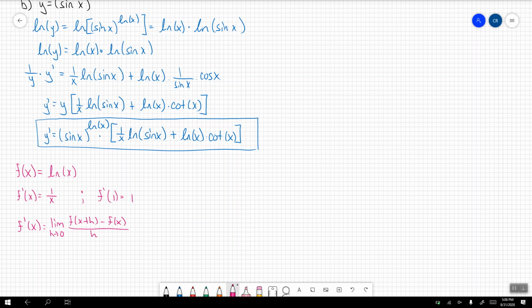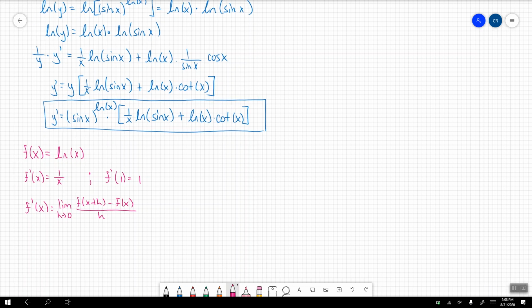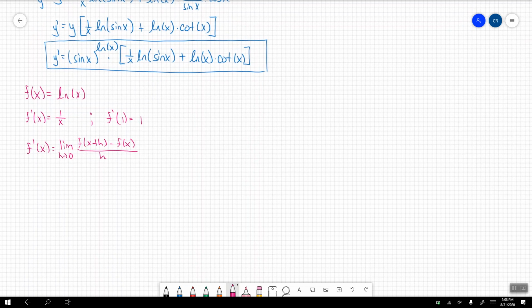Okay, so using this, I want to evaluate x being at 1. So if x is 1, then we're still going to need to go through this exact same process.